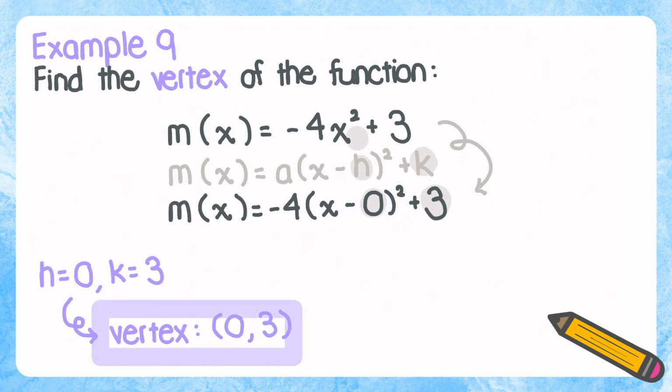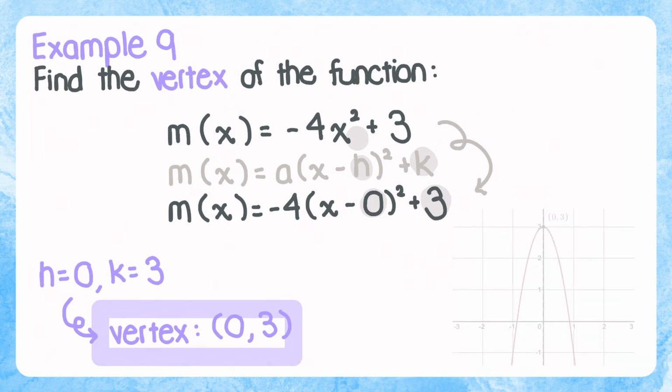In this case, our example had no h value, so we knew that h equals 0. Here's the graph to check our work. Remember, 0, 3 and 3, 0 are different points.